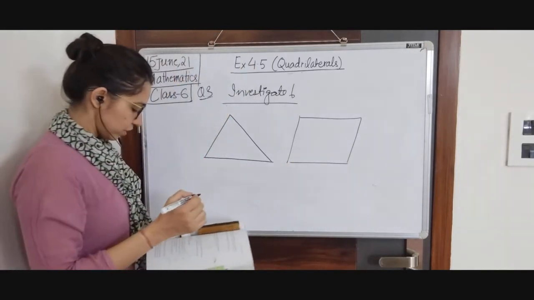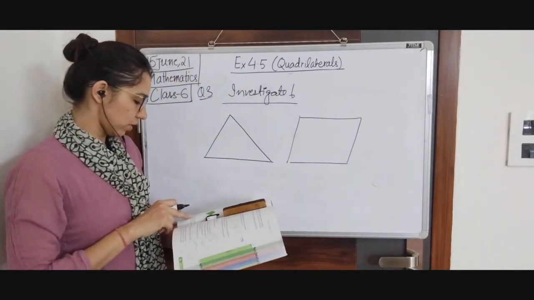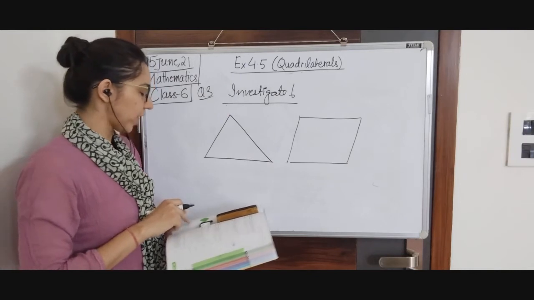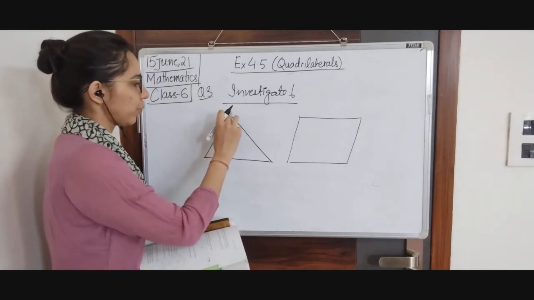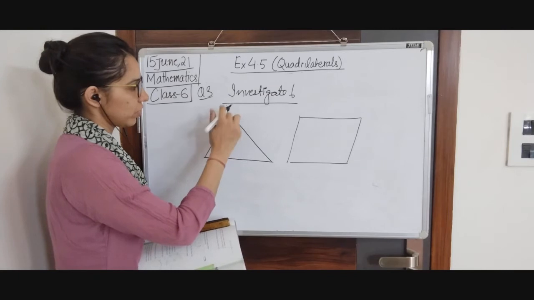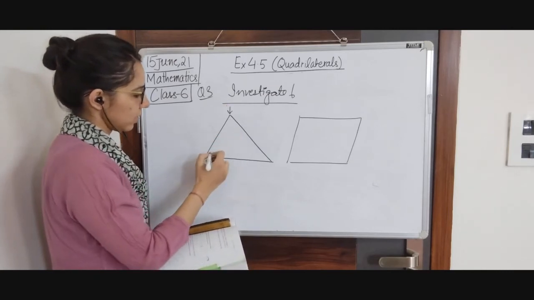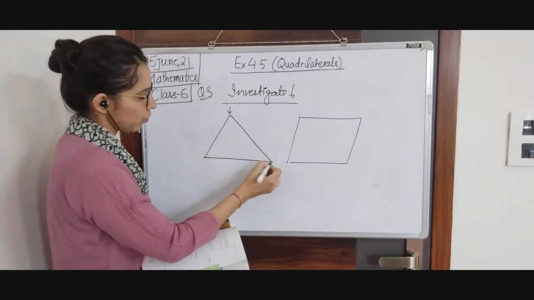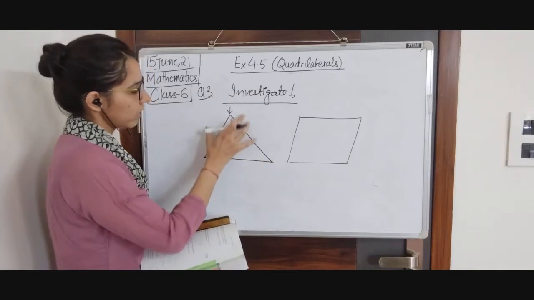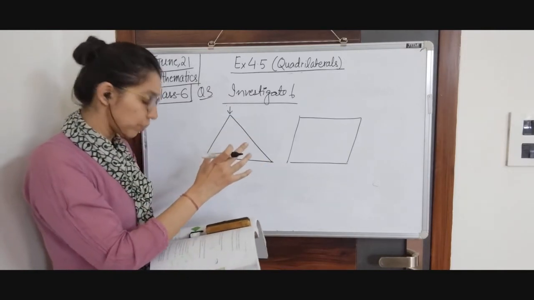When you push inward at any vertex of the triangle, suppose you are pushing this vertex inward, because it is bound at these two sides, it can't be moved, it can't be distorted.